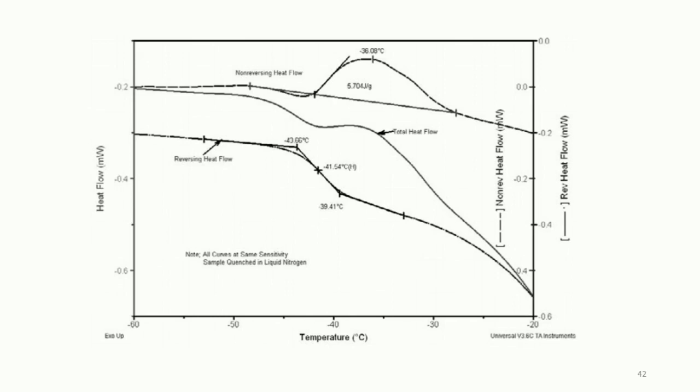So these are some of the advantages of modulated differential scanning calorimetry over conventional differential scanning calorimetry. In this experiment, we can observe that modulated differential scanning calorimetry successfully separates the complex transitions in a compound, with more sensitivity and high resolution.